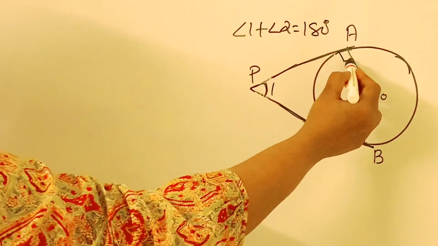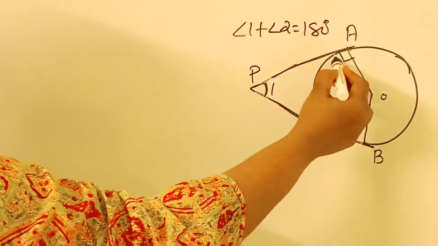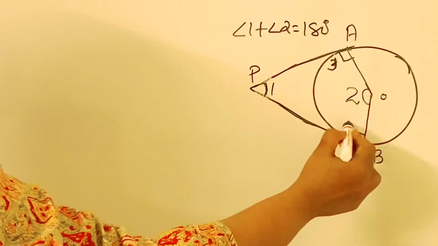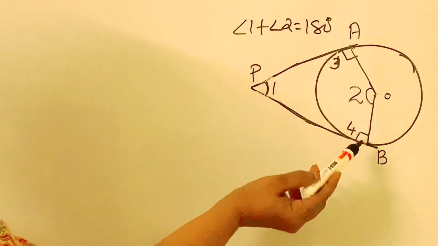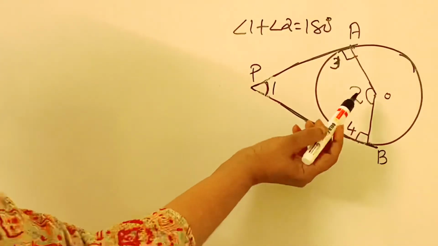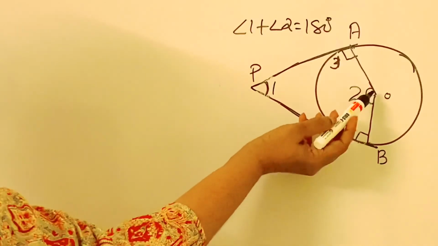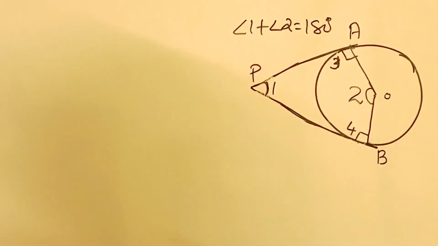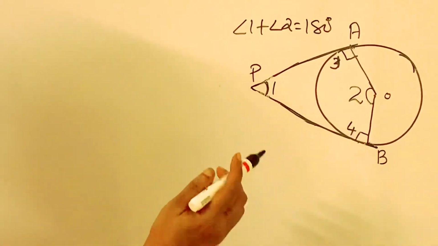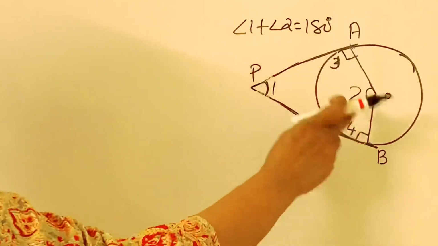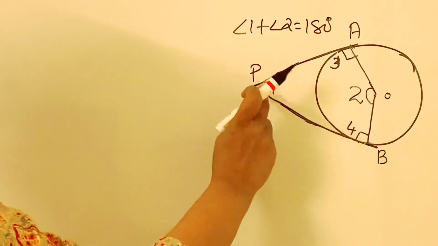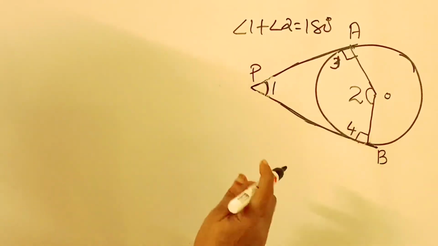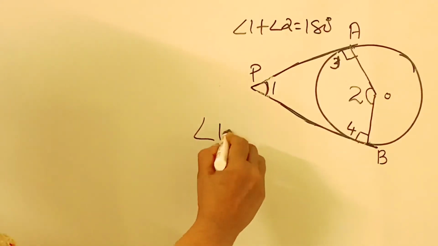Now look here, this angle you give as angle 3. This is angle 4. Here OA and OB are radii of the circle. Radius is perpendicular to the tangent, that means OA is perpendicular to PA, so angle 3 is 90 degrees. Similarly angle 4 is 90 degrees. Now look at the quadrilateral PAOB. The sum of all angles in a quadrilateral is 360.